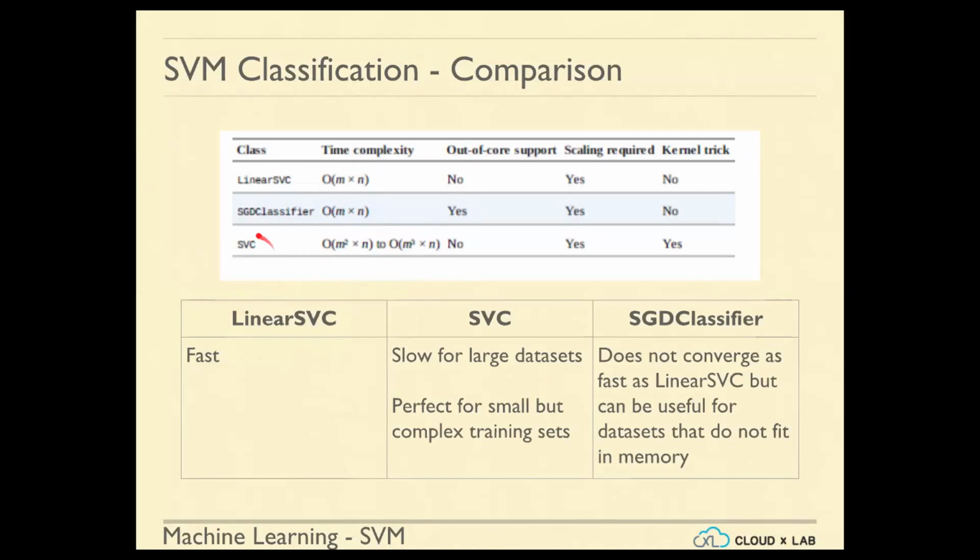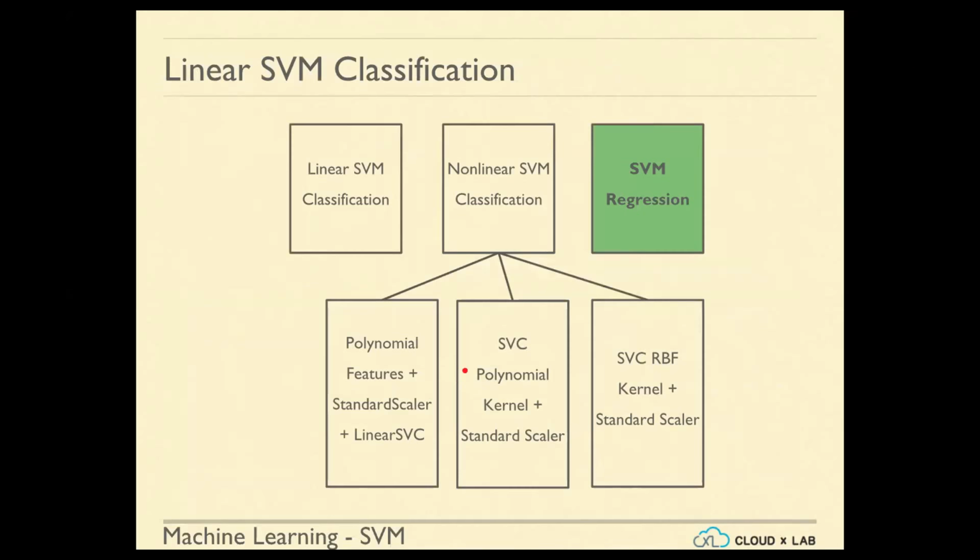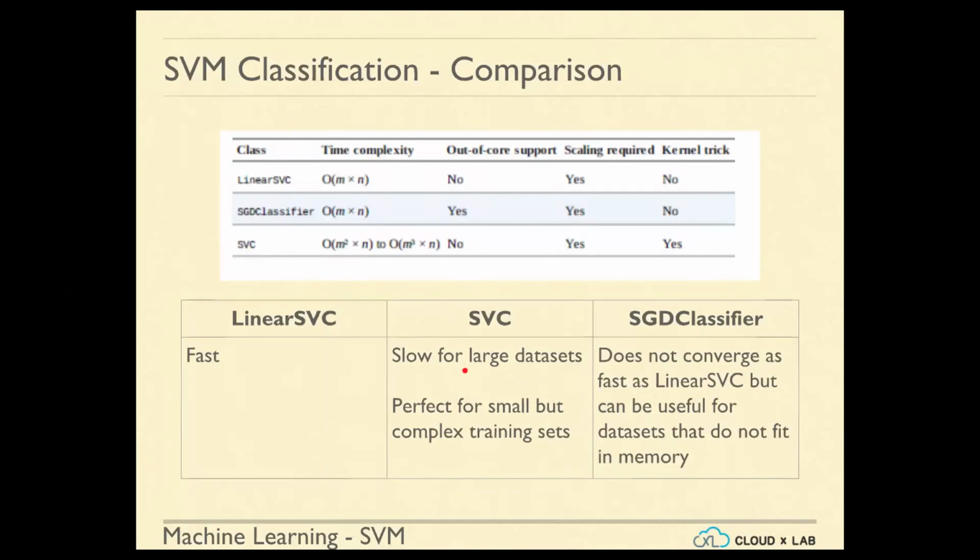Therefore, we use the SVC only when we have more features or more complexity in the data, but the number of instances is lower. So that's when we use the SVC. Okay, so this is where we were.